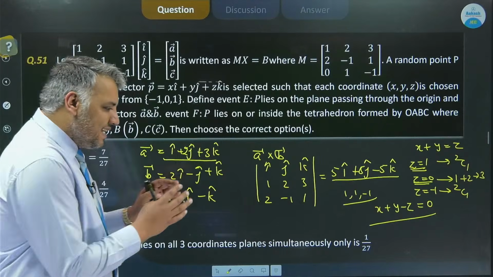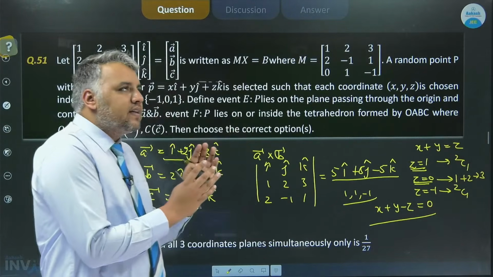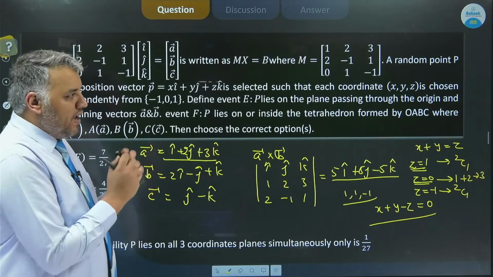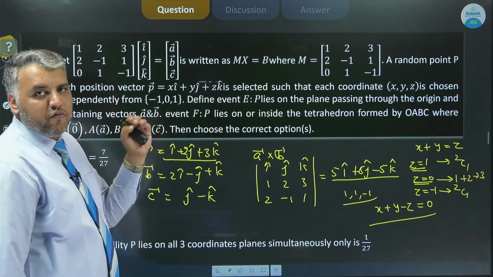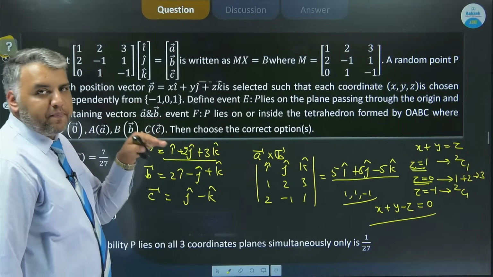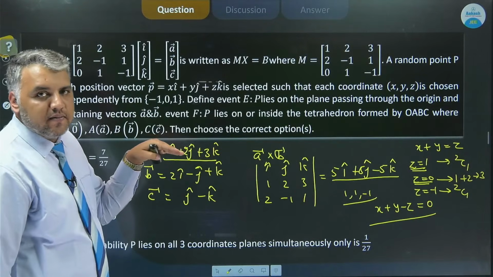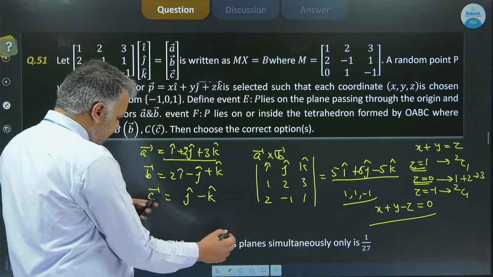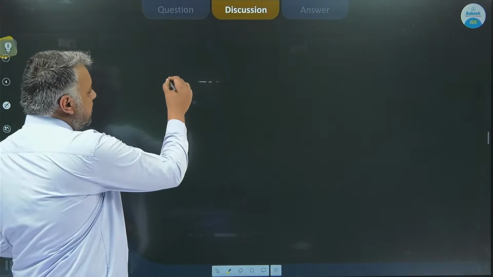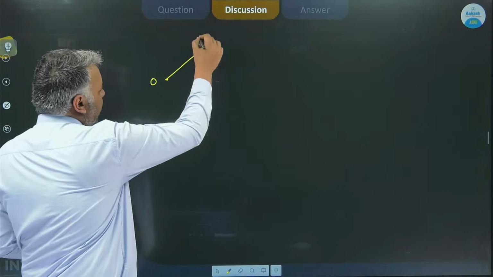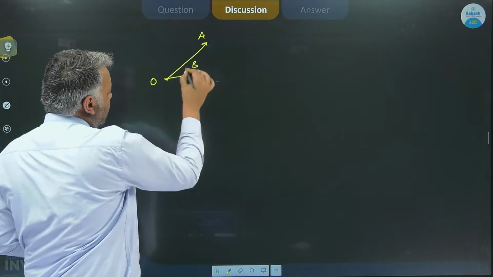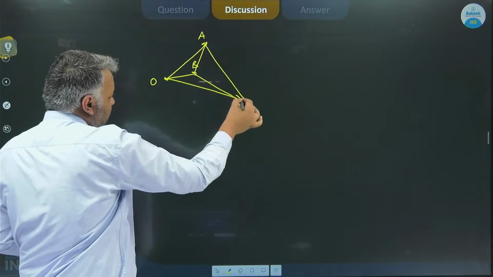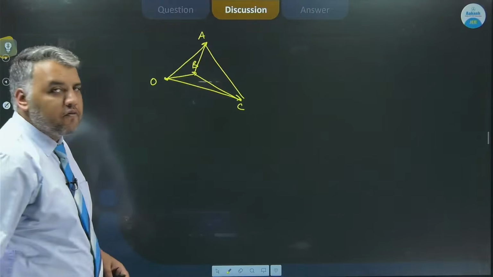Just as we did in straight lines for a triangle, to check that a point lies within a triangle or on it, we take the position of the point with respect to one of the sides of the triangle. Similarly here, there is a tetrahedron O, A, B, C. So there will be 4 triangular faces.